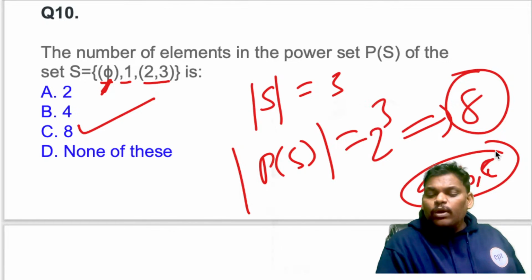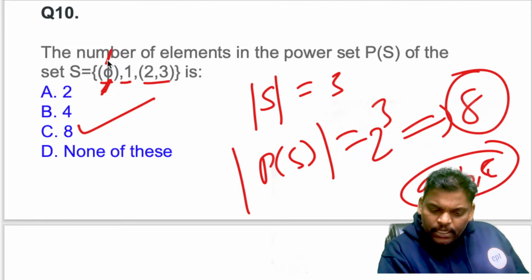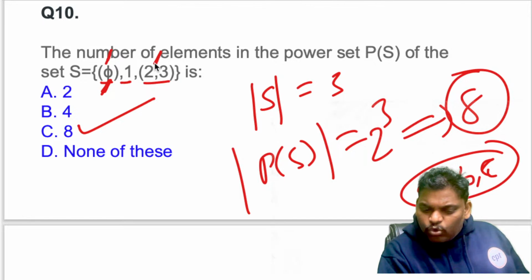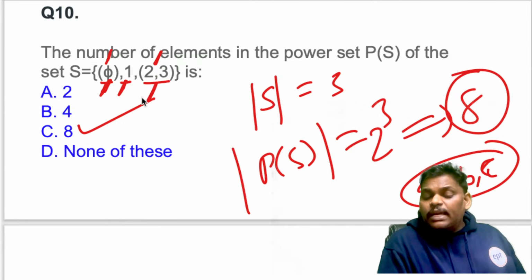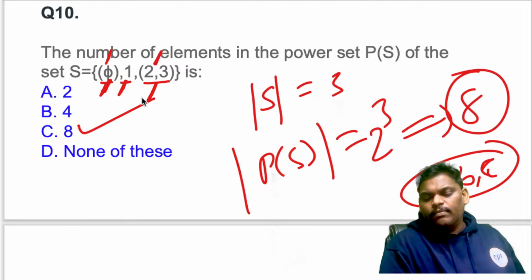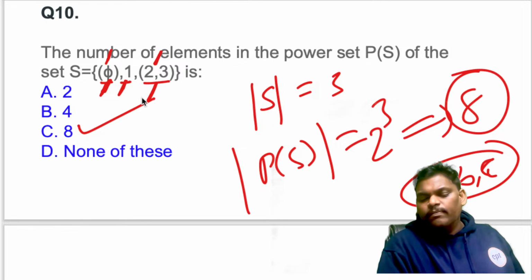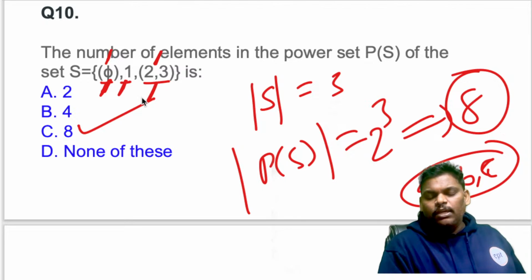Inside one element, whether it is phi or two elements, you don't care. Just see from outside: 3 elements are there. If S contains 3 elements, the power set of S contains 8.